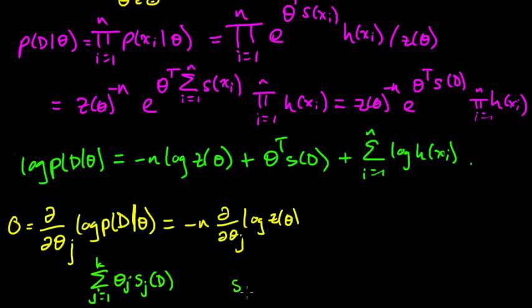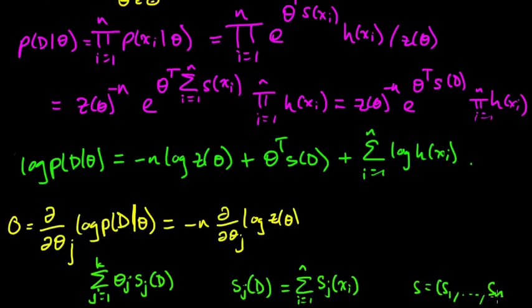It's just the sum as i goes from 1 to n of the jth component of s. Remember that s is some vector valued function, so we can always decompose it into its components, s_1 through s_k, each of which is a real valued function on R^d. So we can define this inner product that way.